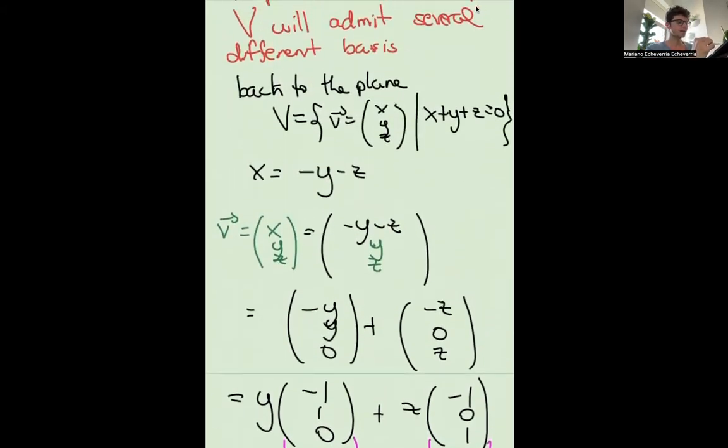So the thing is, you start with the equation that defines a vector space, right? Use it to solve for one of the variables. For example, I'm solving here for x, right? So that is what I'm plugging into here. So far so good.